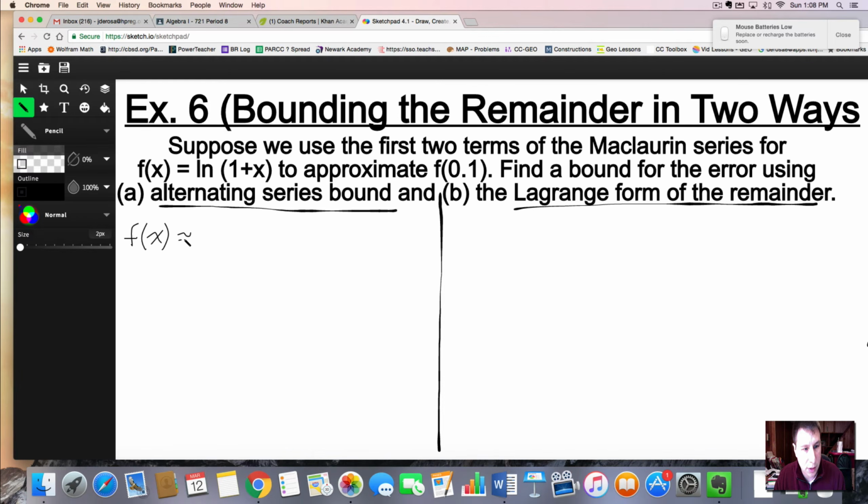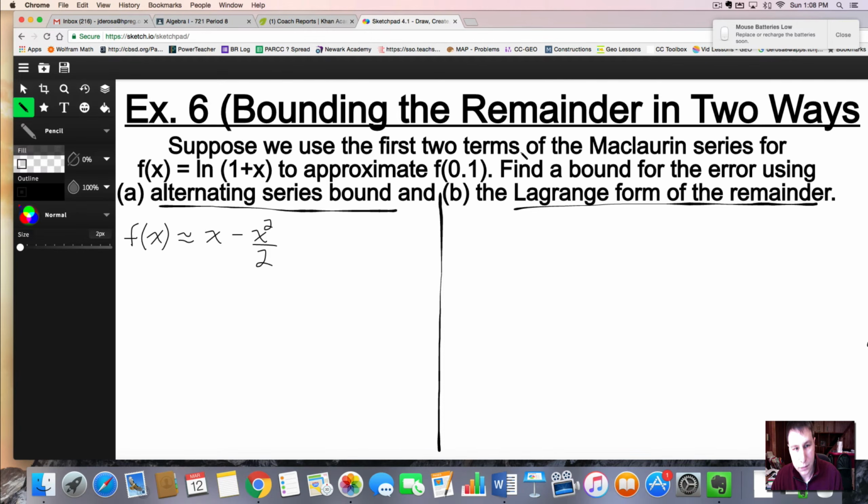But this is approximated with two terms, and they do alternate in sign, starting with x, and then it would be x squared over 2. There's no factorial on this one, and then it would be plus x cubed over 3, and so forth until you get to a dot, dot, dot, and an nth term, whatever you like. But they ask us to approximate using two terms.